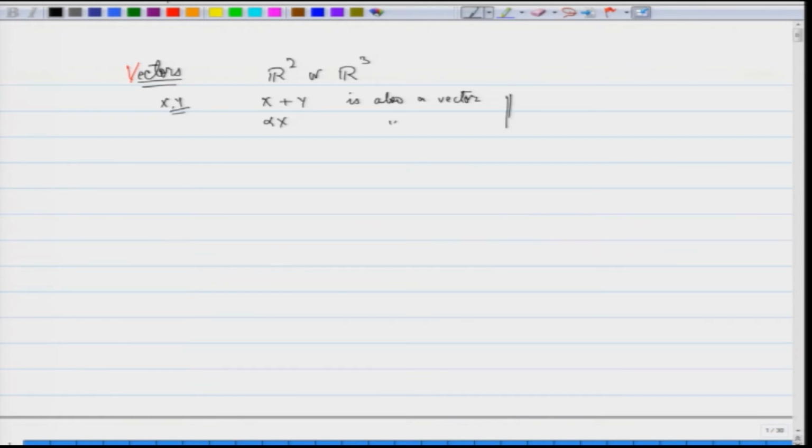Not only that, we have that x plus y was equal to y plus x. We had x plus the 0 vector is the same as the vector x. For every x, we had minus x, such that this gave us 0. Then there was a notion of associativity that holds, that x plus y plus z was x plus y plus z. Fine. We also had the notion that 1 times x was x.